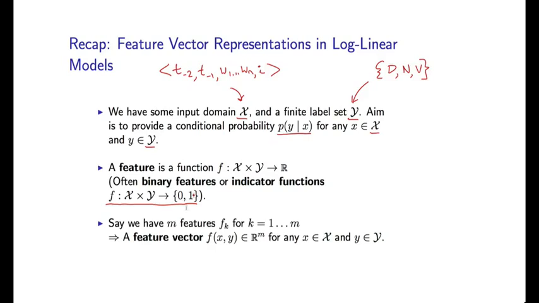And then, given a set of m features, f sub k, for k equals 1 to m, we can define a feature vector to be a vector consisting of the m values of these m different features in the model. And so basically we end up with mapping a particular history or input paired with a particular tag to some feature vector which represents the results of all of these features or questions about the history in conjunction with the label.